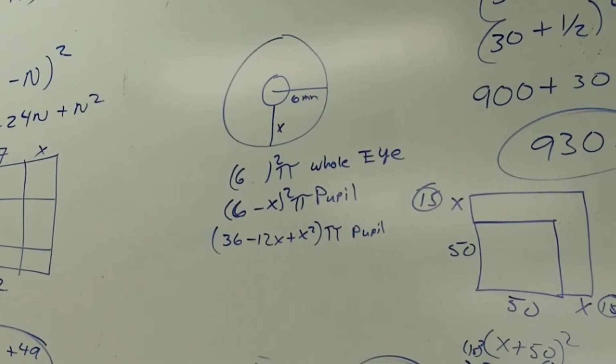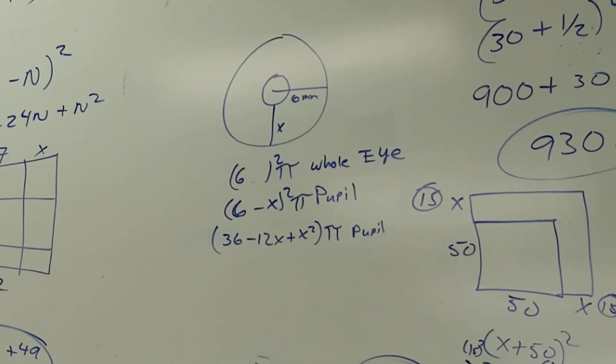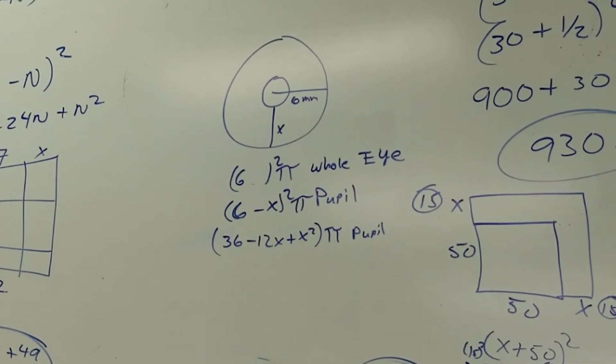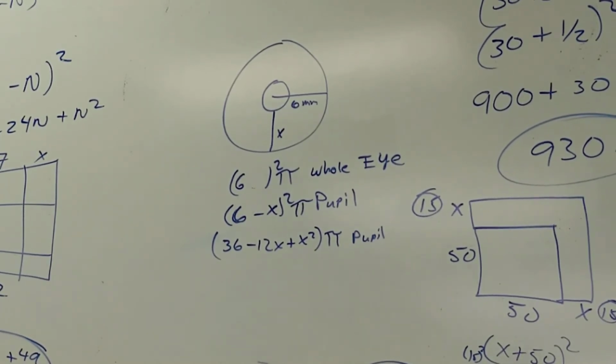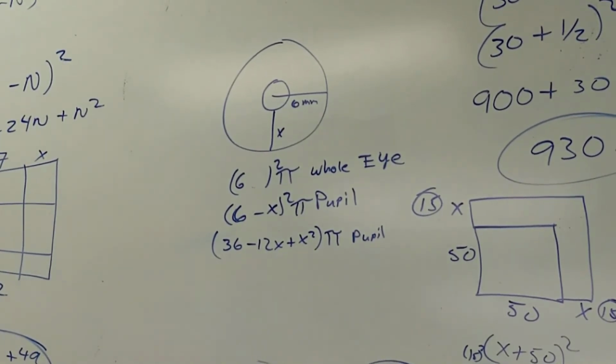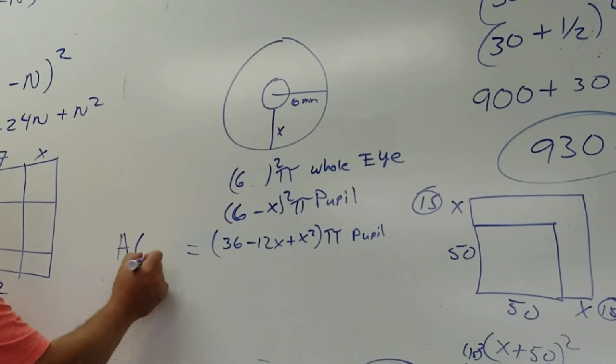The width x of your iris decreases from 4 millimeters to 2 millimeters when you enter a dark room. How many times greater is the area of your pupil after entering the room than before you enter the room? So let's do after and before. After I enter the room, I'm going to put A of what?